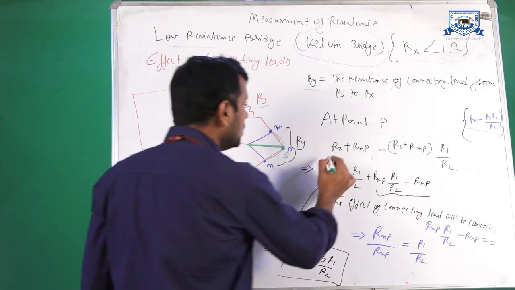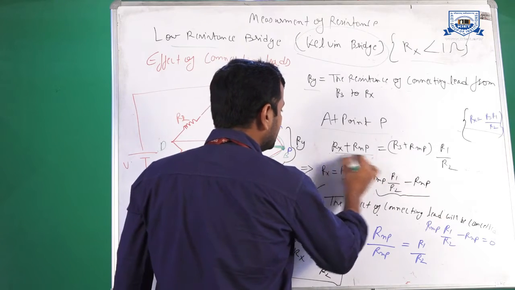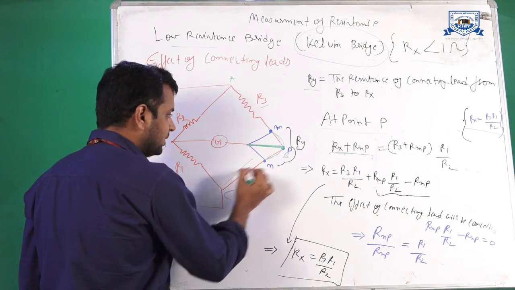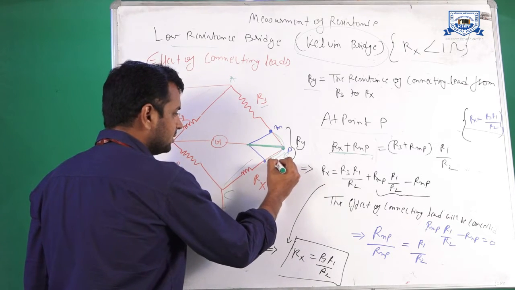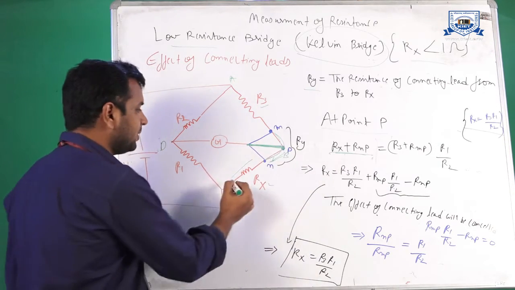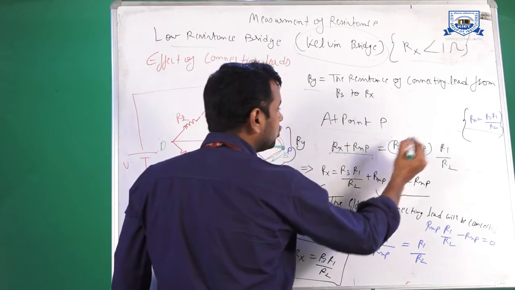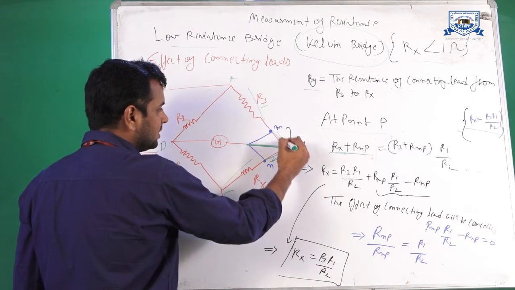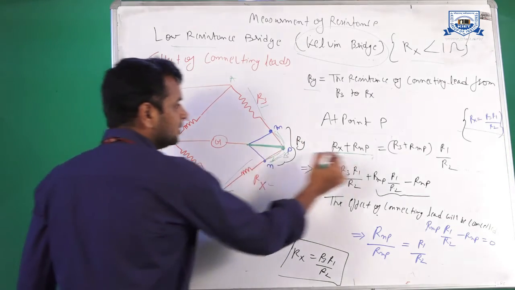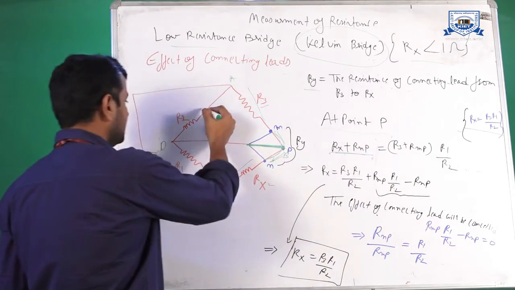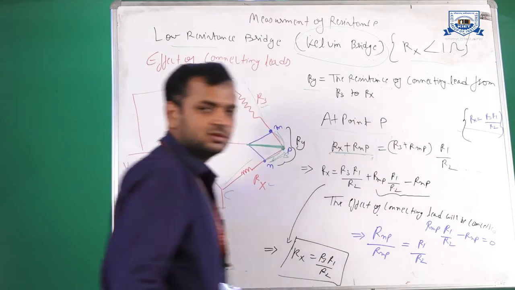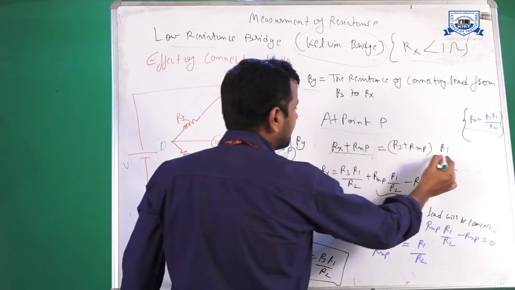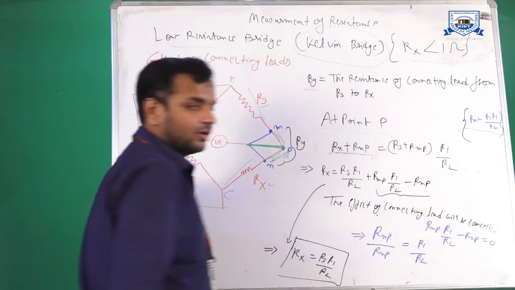In this branch, the resistance is Rx plus RNP, that will be equal to R3 plus RMP, the resistance of the other branch, multiplied by R1 by R2, which is the same ratio.